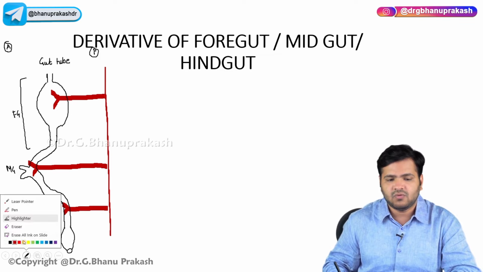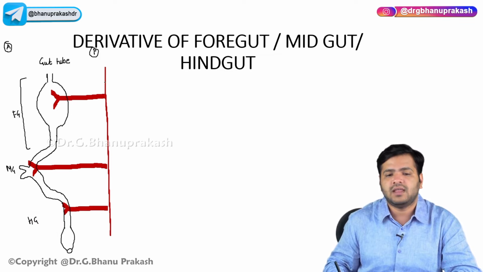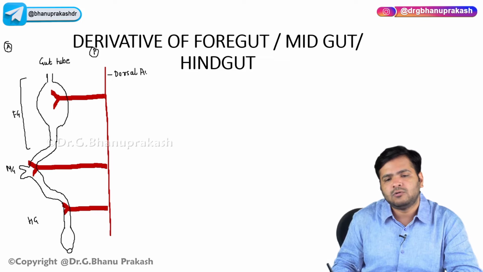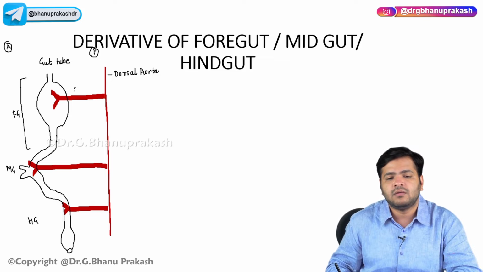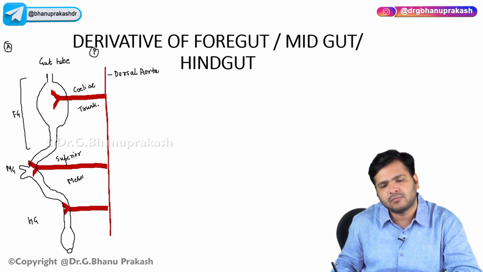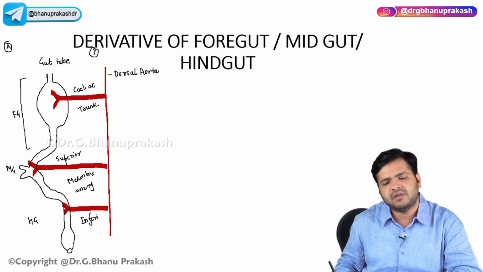That is something you already know from the abdomen: this is the dorsal aorta, we have the celiac trunk, superior mesenteric artery, and the inferior mesenteric artery.